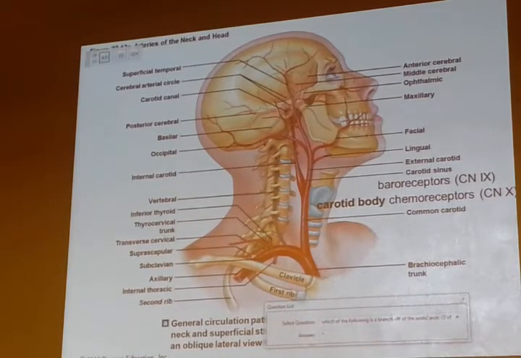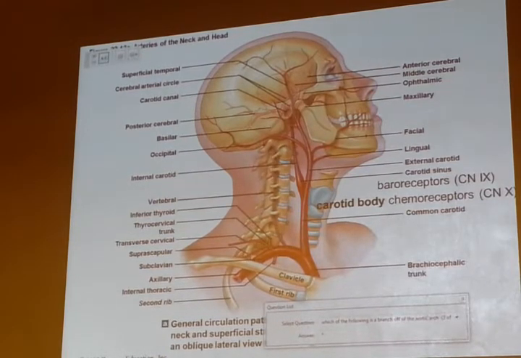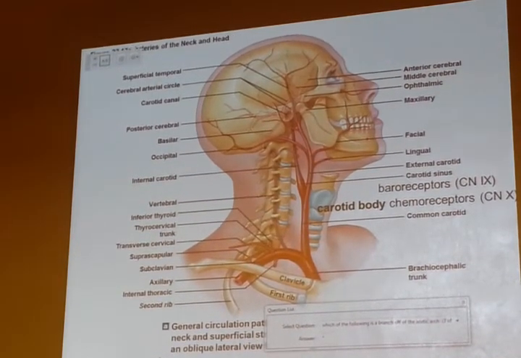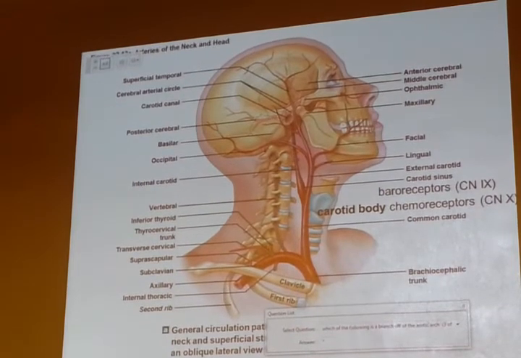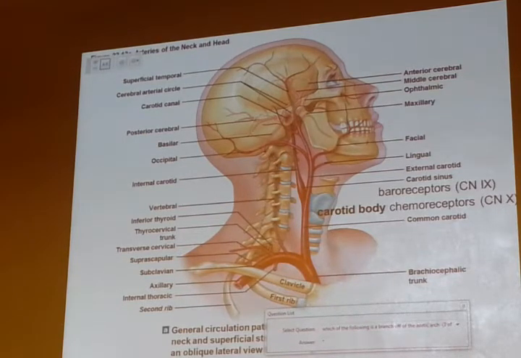If you want your blood pressure to go down, dial back sympathetic and jack up parasympathetic. So contractile force goes down, heart rate goes down, cardiac output goes down, and your blood pressure goes down. If your blood pressure is going down, first thing you do, dial back the parasympathetic so that your heart rate jumps up.